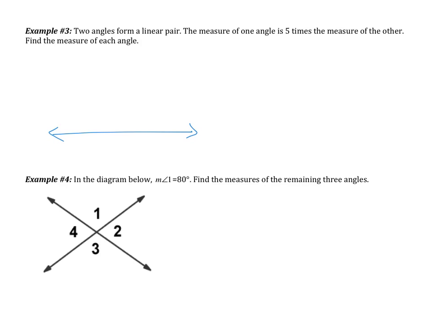Linear pair means straight line, two angles. Okay? Next, the measure of one angle is 5 times the other. Well, do we know what the measure of the other is? If we don't know what it is, what do we label it as? X. Okay. So the measure of one angle is 5 times that. 5x. Okay. All right.